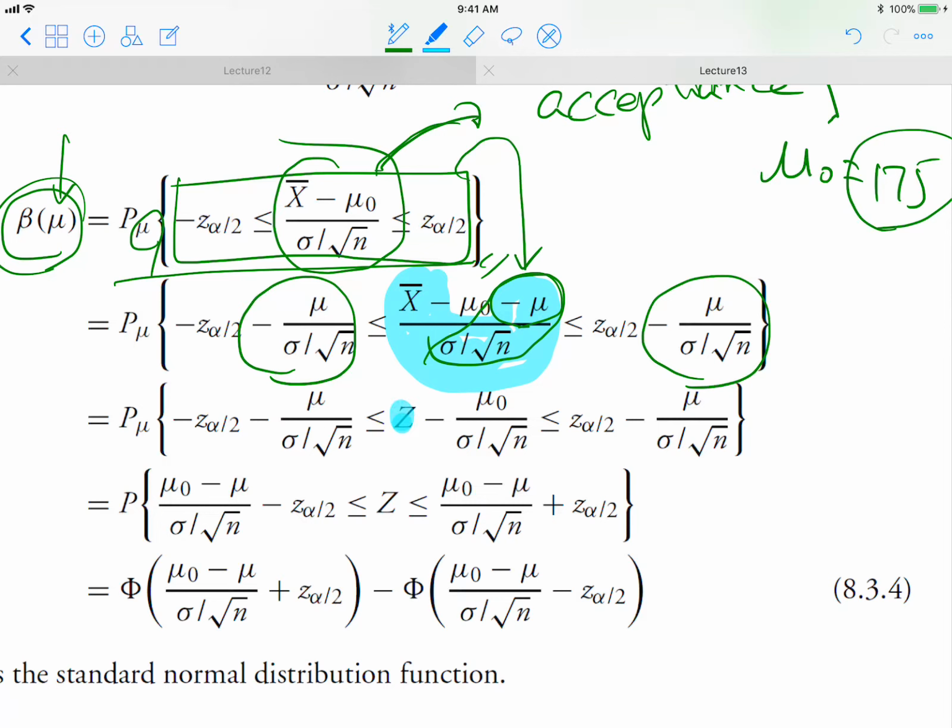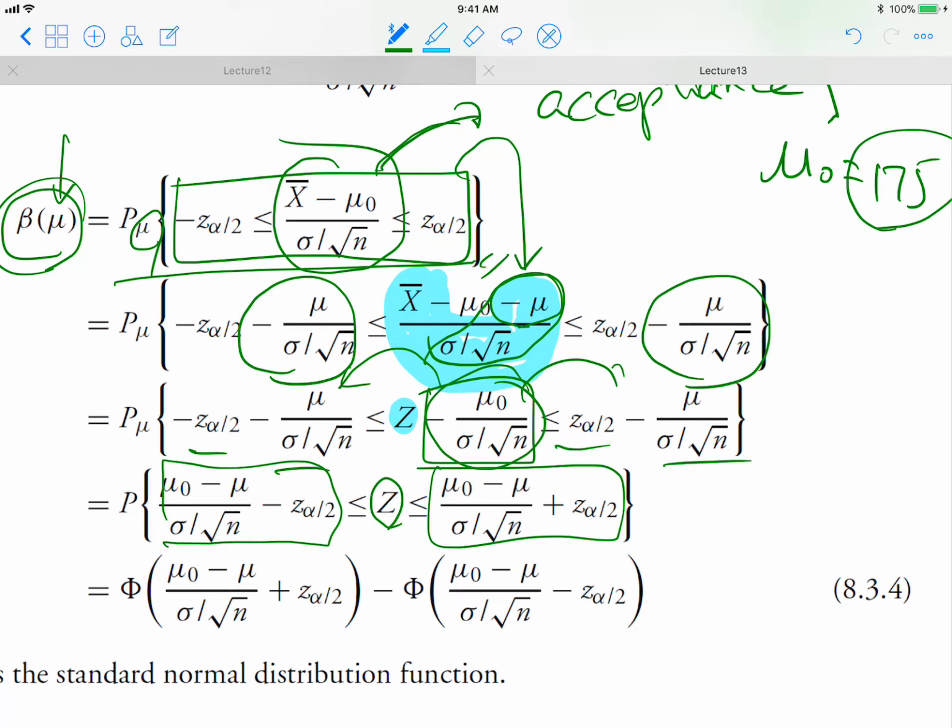So that way we can change it with the z. And then the remaining part will be here. And then we put this into the other side, and that way the z will become here. And then the probability will be represented by this.